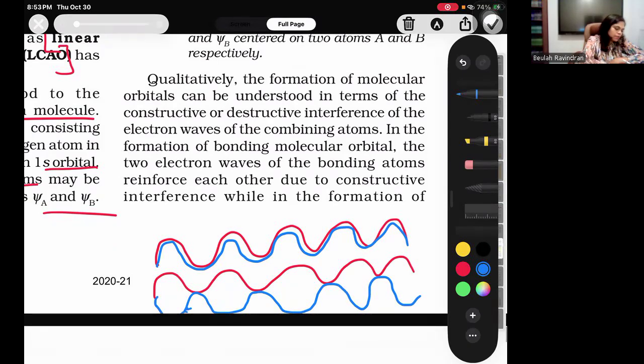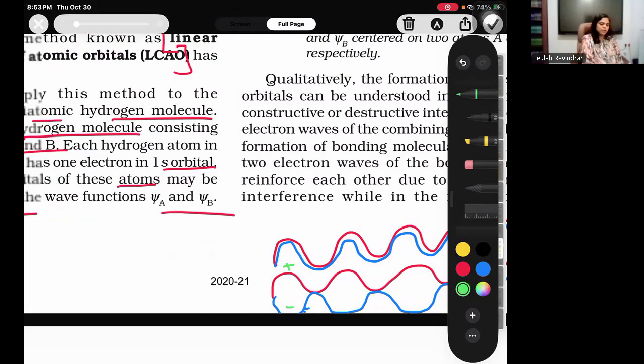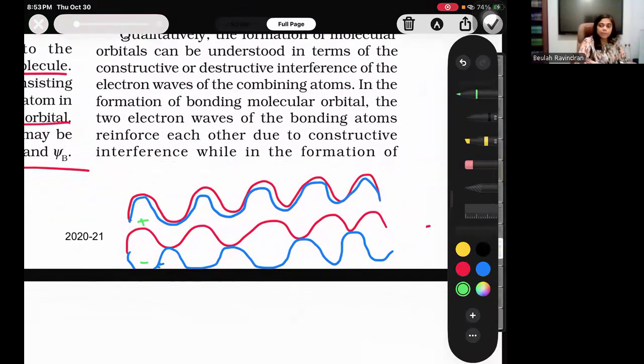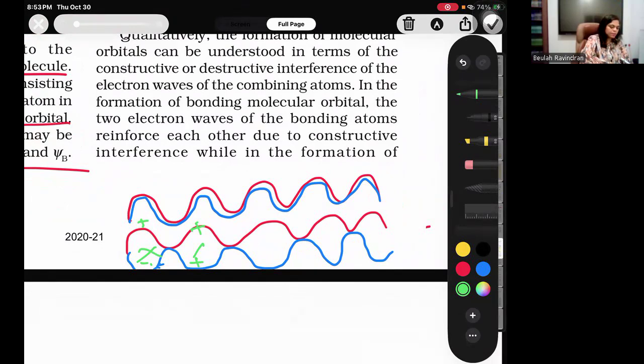This is plus, this is minus. Both are electron waves of the same atoms, homonuclear atoms, we can say. Hydrogen is actually homonuclear, that means the same. So both have the same electron wave, and plus and minus cancel. Plus maximum, minus maximum, so these are all cancelled, and we usually call this destructive.